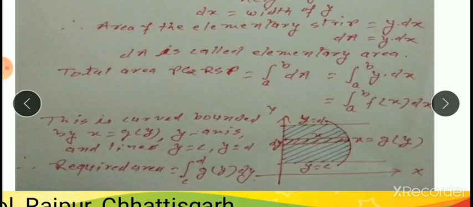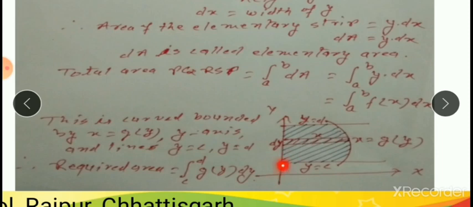Consider any curve x = g(y). This is the shape of the curve. This area is bounded by two lines, y = c and y = d. Here the strip is running along y-axis.